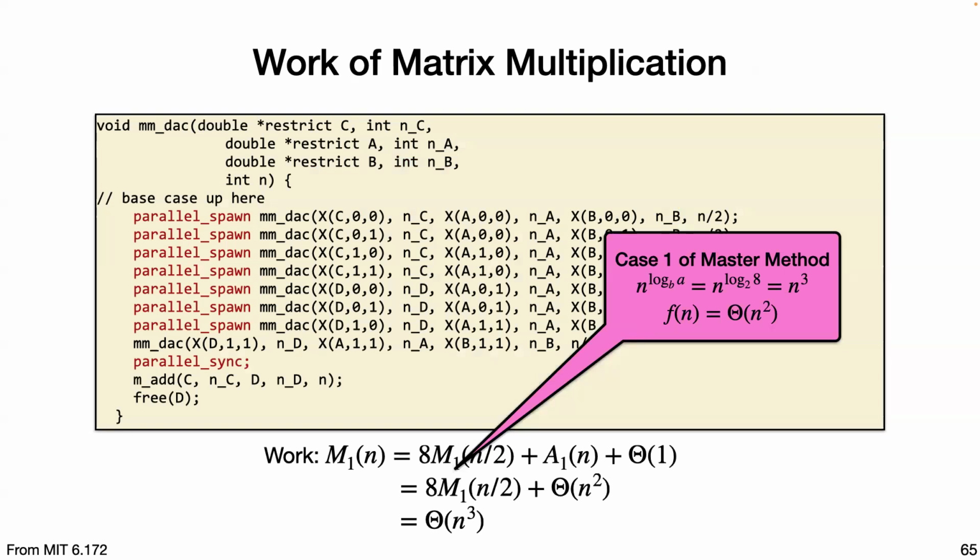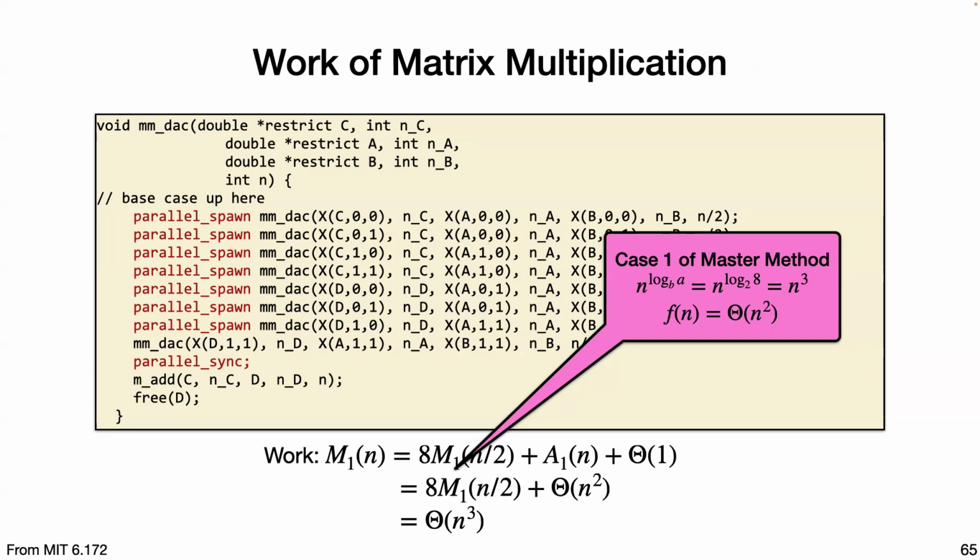So the work, again, is just the time that it would take on one thread. You can get the work by just ignoring all the parallel constructs. So you would just ignore spawn and sync or parallel for, and you would analyze the algorithm like that. So the recurrence for the work, there are 8 recursive subcalls. Each one has side length n over 2.